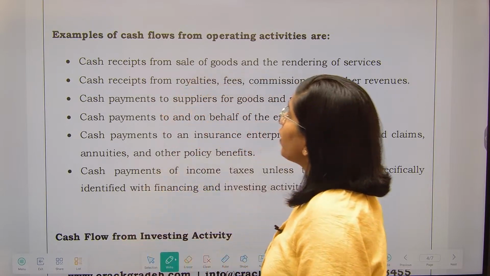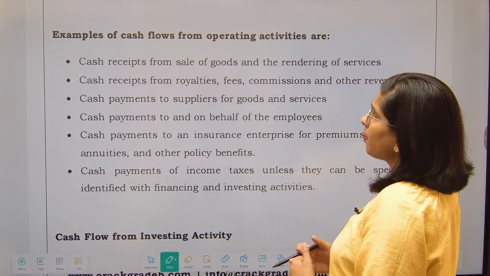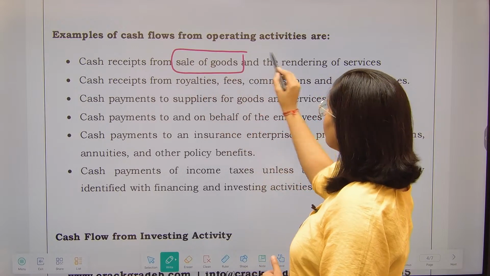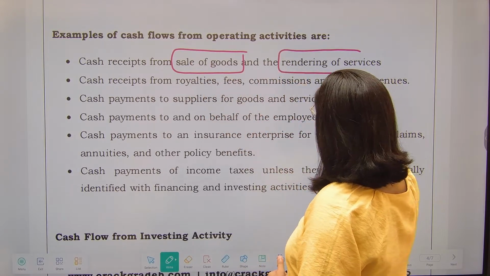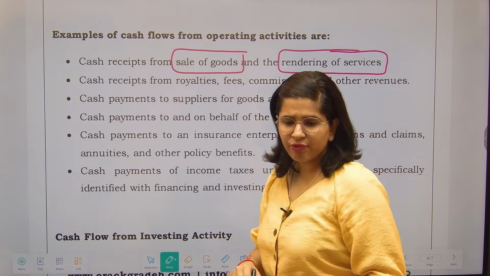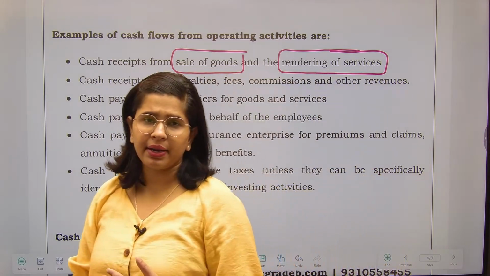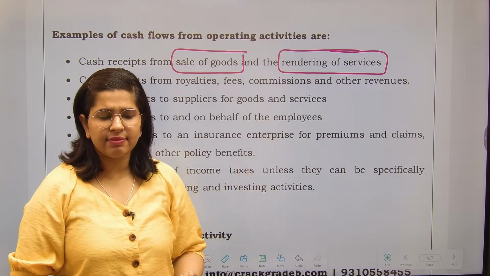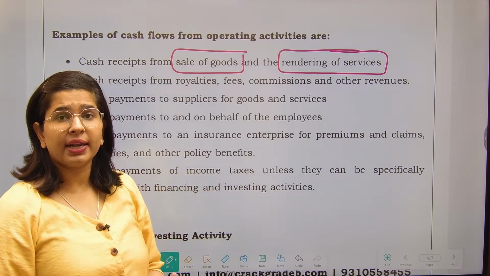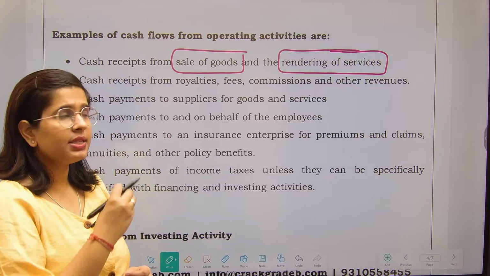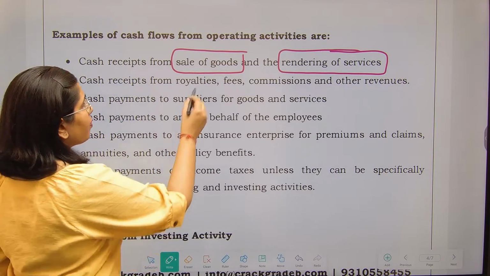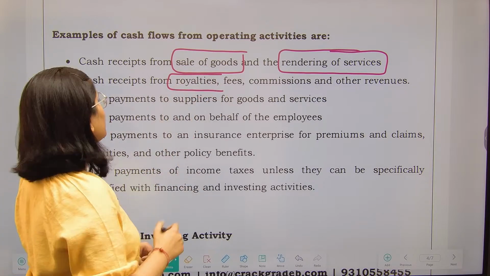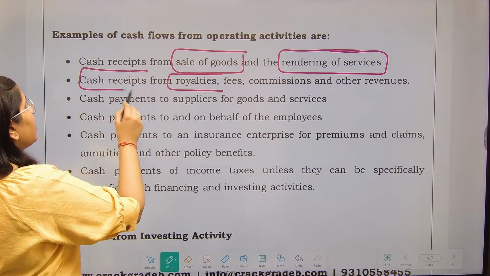Now see over here, what are the examples of cash flow from operating activities? Like cash receipt from the sale of goods and rendering of services. So a garments manufacturer, when he sells the garment, sales of goods, and the amount that he receives out of it, that is an operating inflow, right? Money is coming. Cash receipt from royalties, fees, commissions, and other kinds of revenues, this is also considered an inflow.